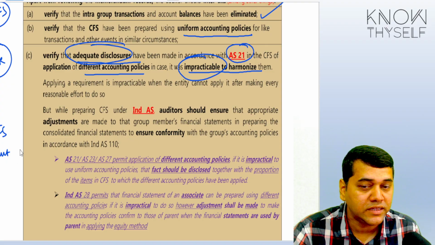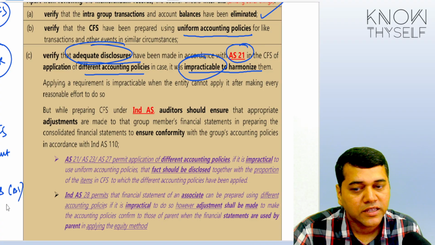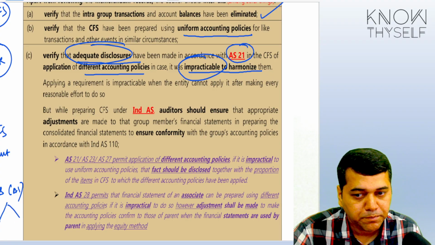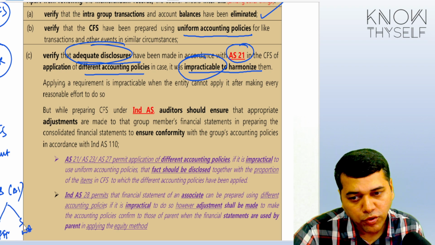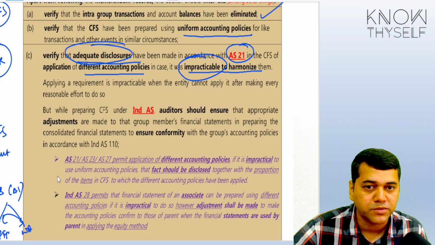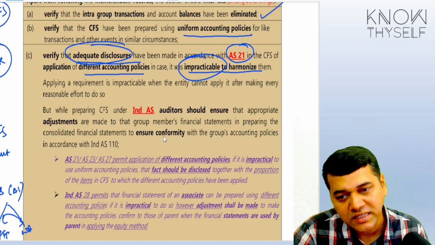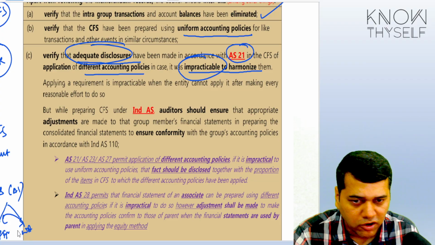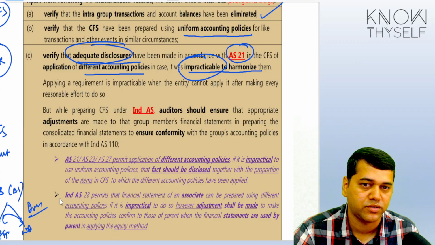That means when you prepare CFS as per accounting standard, there can be two stock valuations. One is parent is doing FIFO and subsidiary is doing weighted average. Why have you not converted into the parent's? It is not because of the circumstances. It is because it is impracticable to do it. In such cases, let them do according to their own policies, but give disclosure in the notes to accounts.